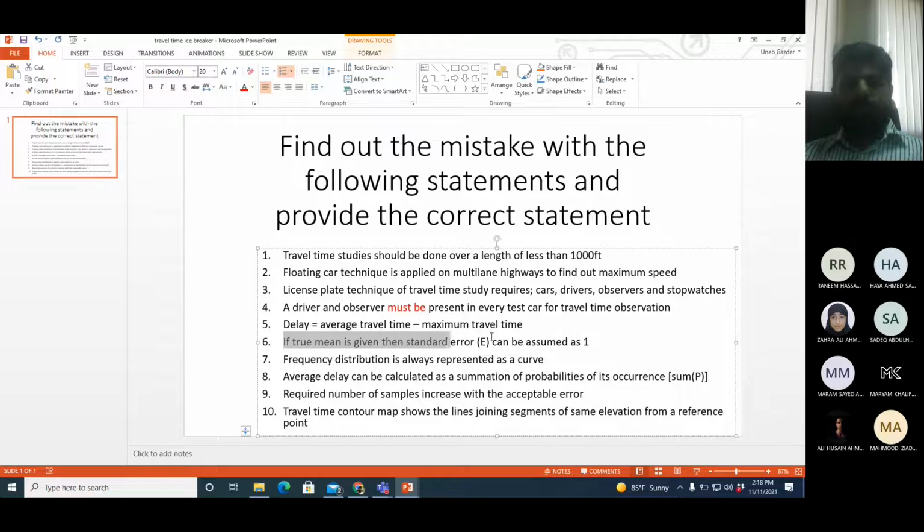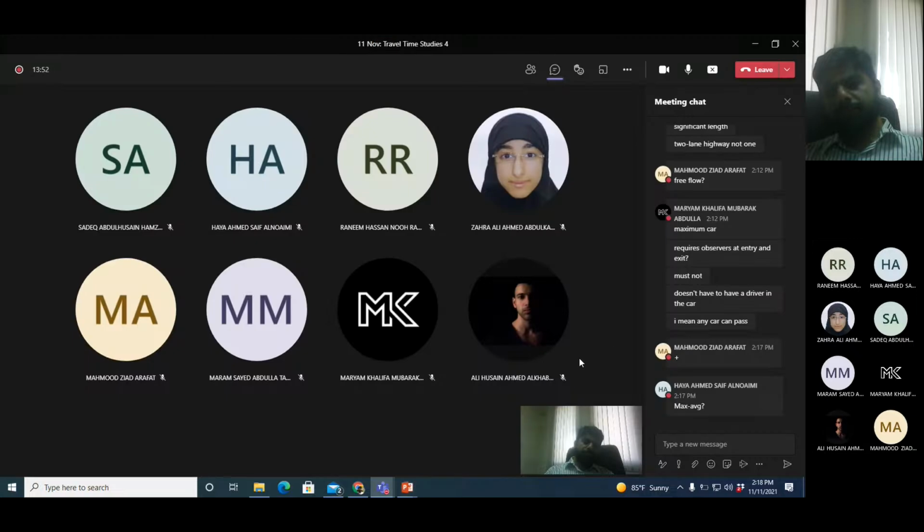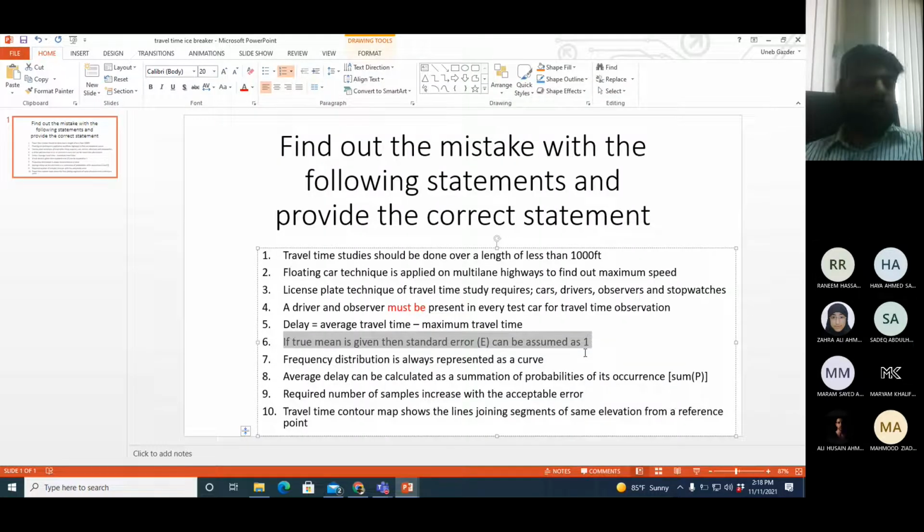Next statement, if true mean is given, then standard error or E value is assumed to be 1. If you have true mean, then a standard error, which is denoted by E, is assumed to be 1. Who can correct this statement?